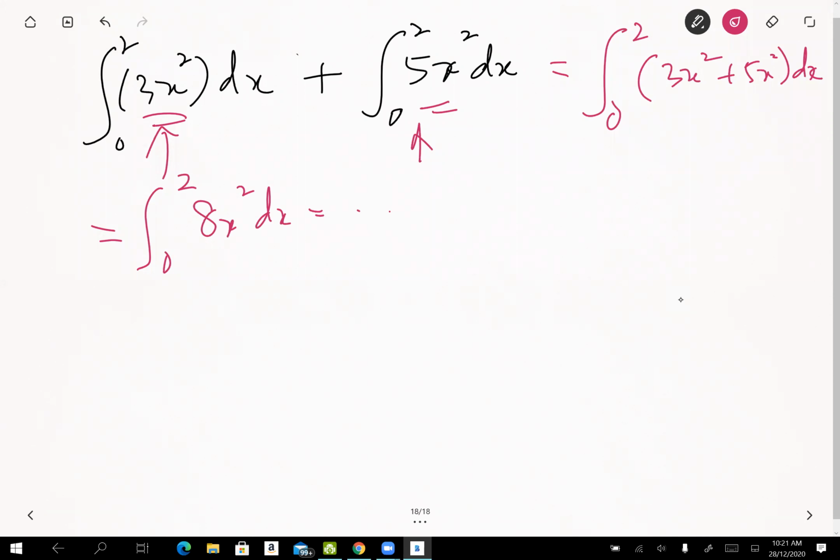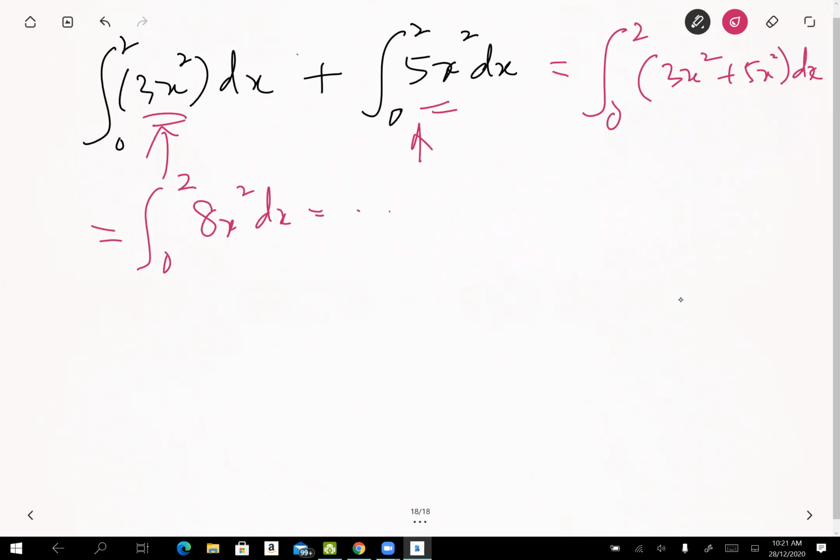Now rule number 3 is a trivial one. You have the integral from a to a, the same point, of f(x) dx. So that will be 0. For example, the integral from x equals 5 to 5 of 0.3x to the power of 4 dx.